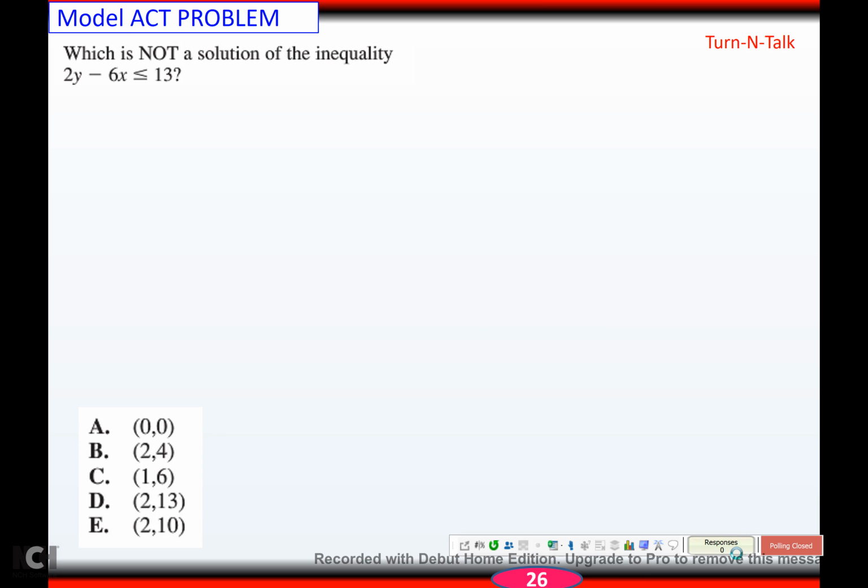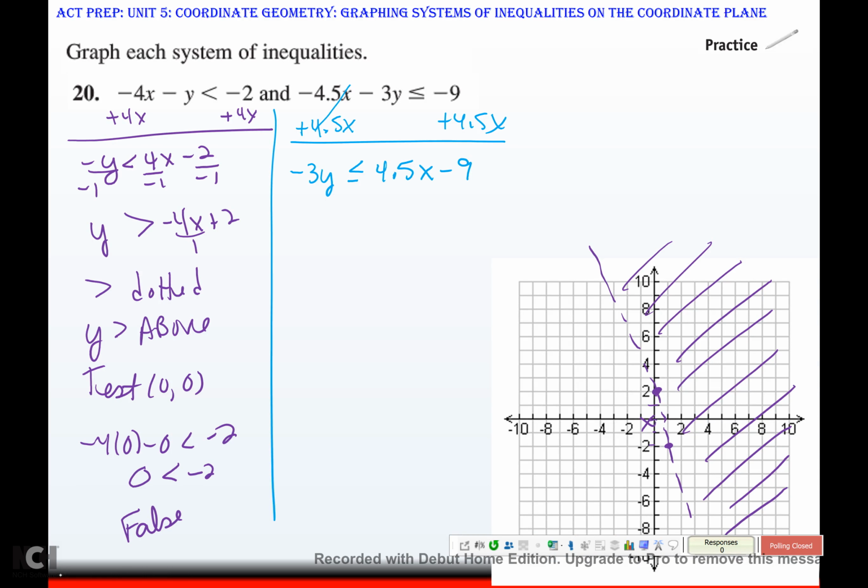Alright, so to get y alone, I'm going to divide by negative 3, which will flip my inequality. So I have y greater than or equal to, and when I typed 4.5 divided by negative 3, it comes out negative 1.5, which is negative 3 halves x plus 3. So I'm going to start at positive 3, and I'm going to go down through.